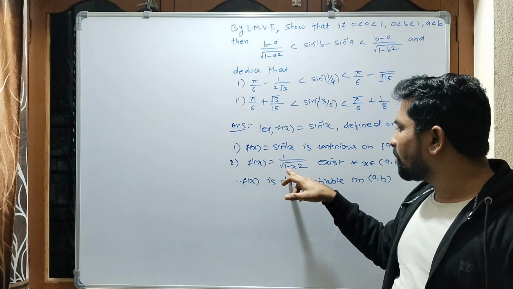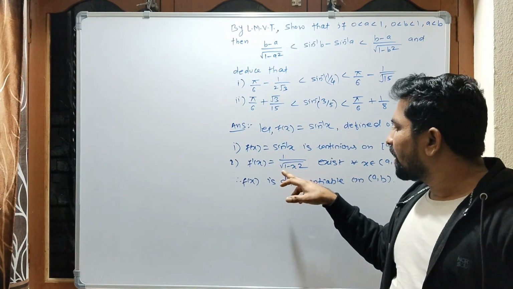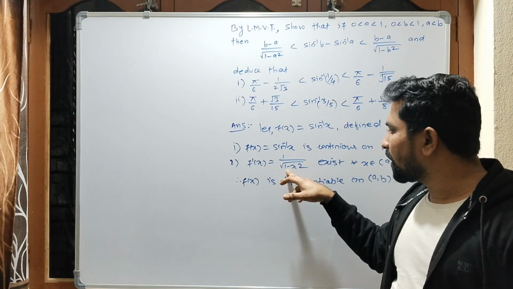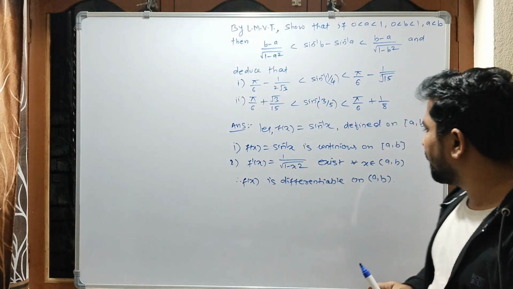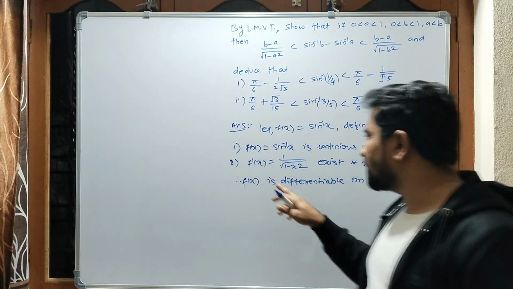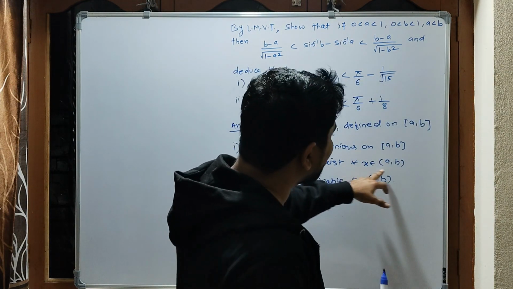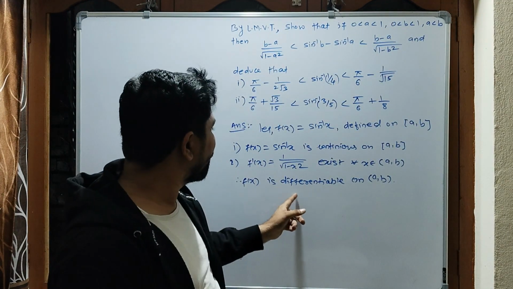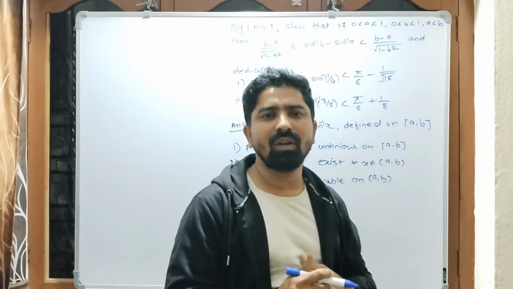So at x equal to 1 this function is not defined. But in this open interval a b there is no 1. So f dash of x exists for all x belongs to this open interval a b, which is given in this range. Therefore f of x is differentiable in the open interval a to b.